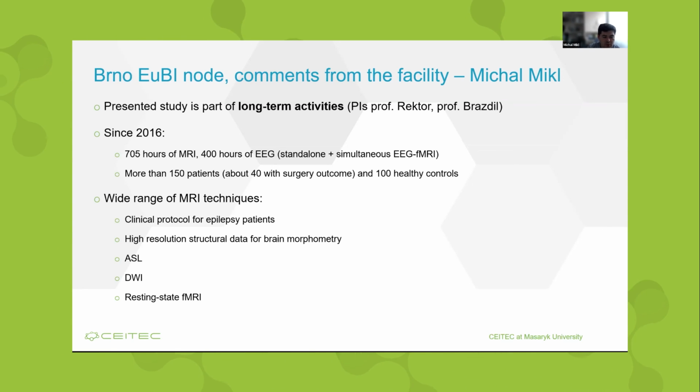It's also an example of a project where the total measurement time was about 2 hours. It was split into sessions. In one of these sessions, simultaneous EEG-fMRI was measured. So it's an example of a project we can do here in Brno.